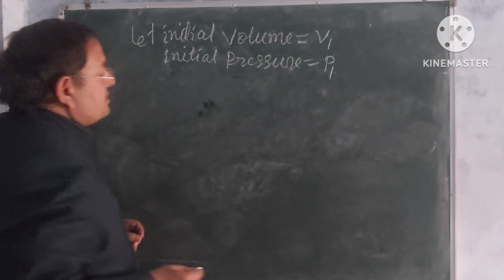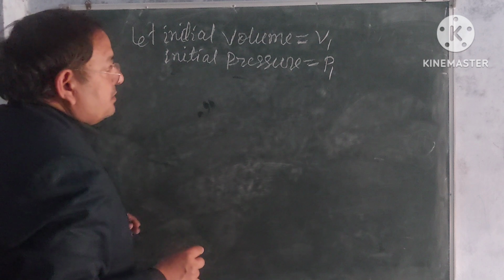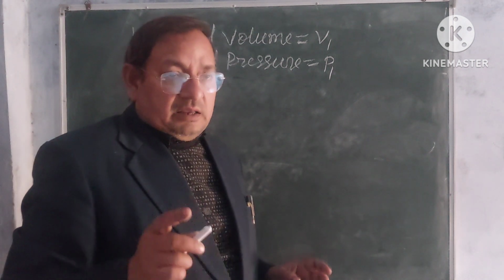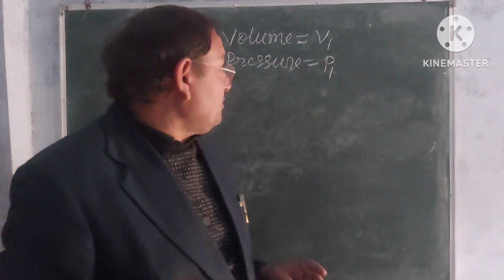According to Boyle's law, for a certain mass of a dry gas, the volume is inversely proportional to its pressure at constant temperature.